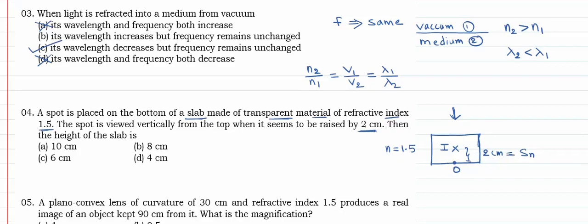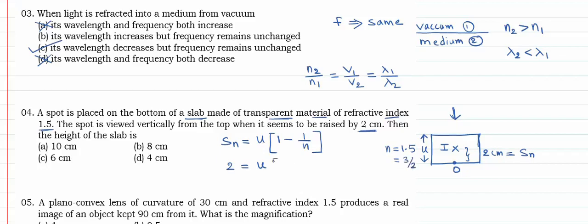You are required to find the height of the slab, that is U, the real depth of the object. So take the normal shift formula and substitute. Sn is equal to U into bracket 1 minus 1 by n. You are required to find U. Sn is 2 centimeters. n is 1.5, that is 3 by 2.